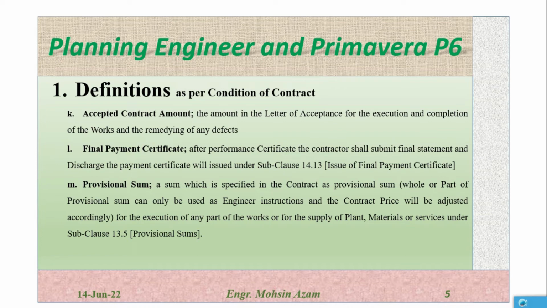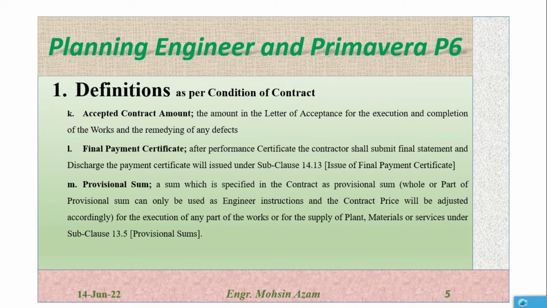If they accept our offer, they will give us the letter of acceptance, and there they will mention the clear amount for which they award the project to the contractor. So the amount in the letter of acceptance for the execution and completion of the work. So this is the total amount which both the parties, the client and the contractor, agree to execute the project and complete the project.